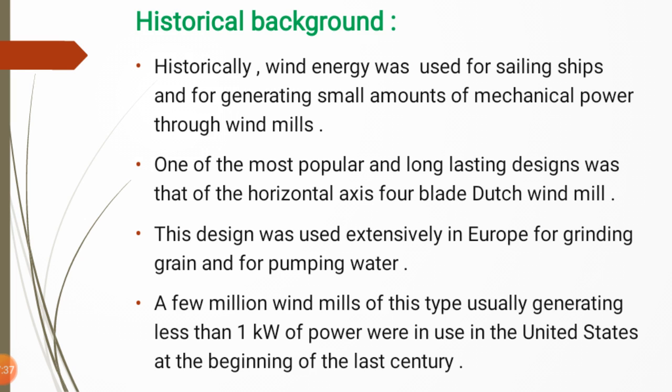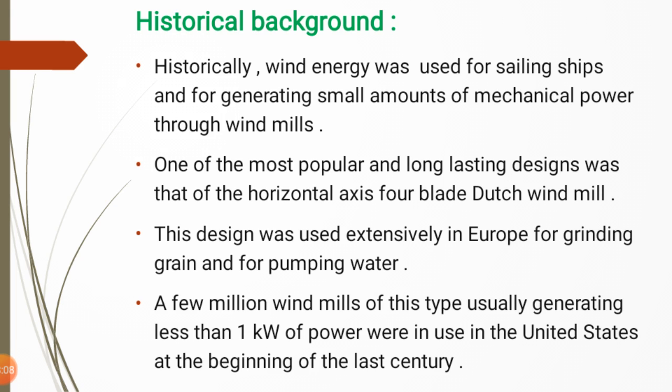Historically, that means in the past, the energy obtained from the wind was generally used for the sailing of ships and also to generate a small amount of mechanical power through windmills. One of the most popular and long lasting designs was the horizontal axis 4 blade Dutch windmill.